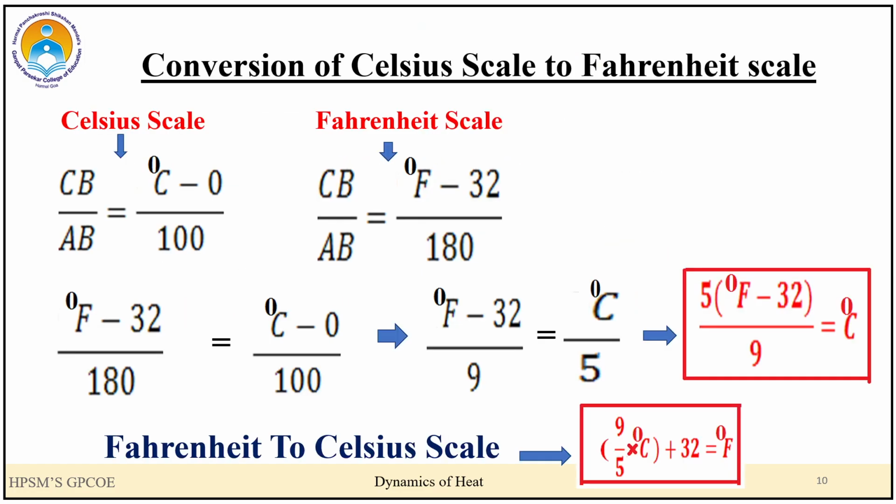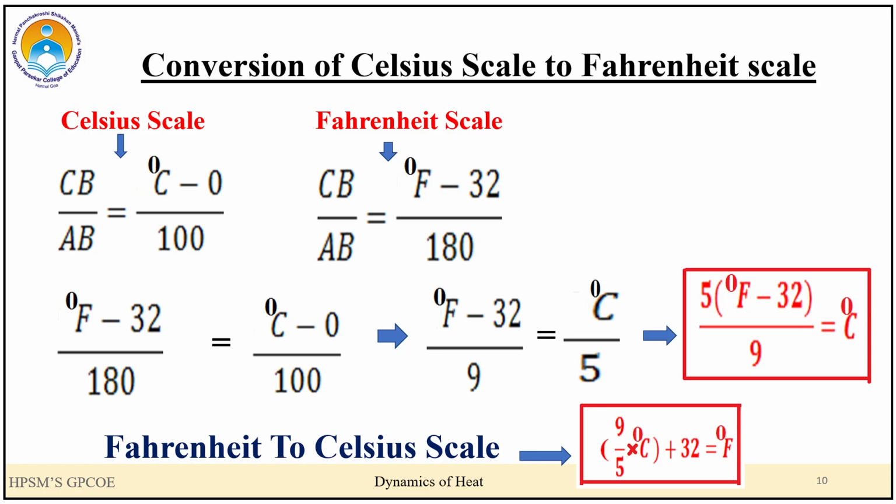So we'll see now one by one how to convert the Celsius scale to the Fahrenheit scale. Basically, we have written previously for the Celsius scale, CB by AB equals degrees Celsius minus 0 divided by 100, and for the Fahrenheit scale, CB by AB equals degrees Fahrenheit minus 32 divided by 180.